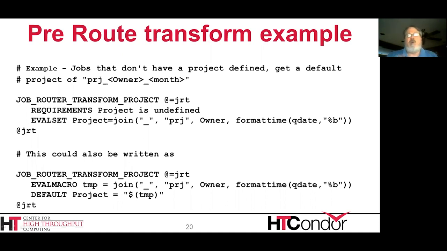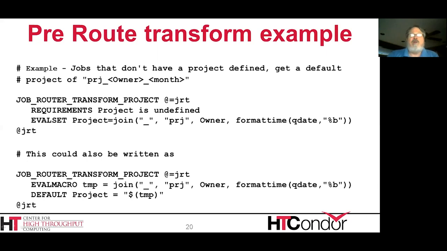Once again, we have a requirement, so this transform is only going to apply if the job doesn't have an attribute called project. And we're going to use eval set so that the project is set to the string that is the result of evaluating these bits of information, including two job attributes, owner and Q date.